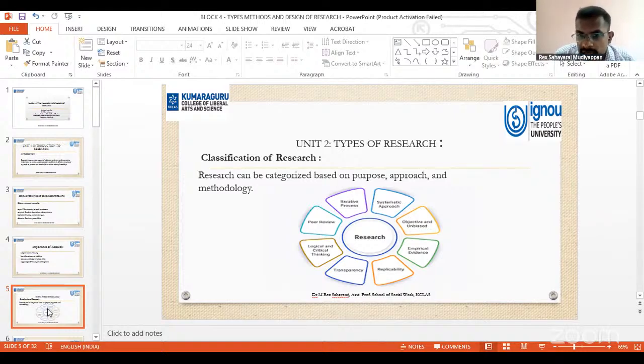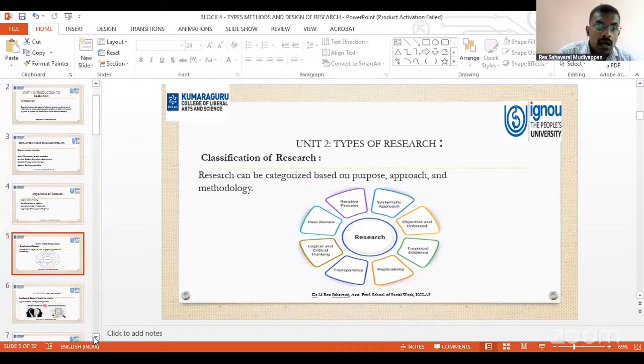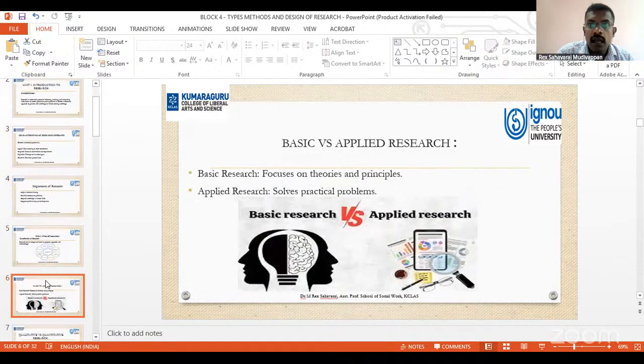It has empirical evidence, replicability, transparency, logical and critical thinking, and it is peer reviewed, a literature process. When you say all those things, it is research, and it strengthens the research quality.